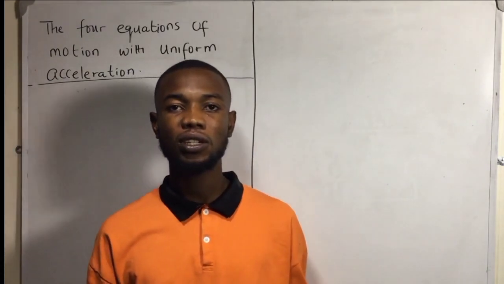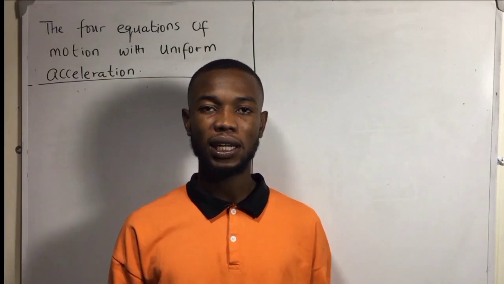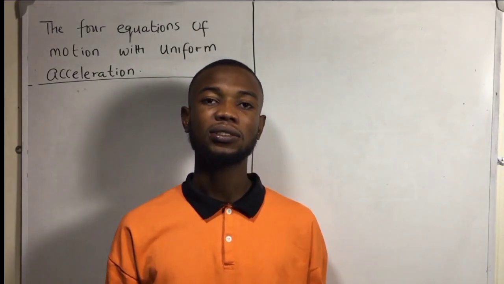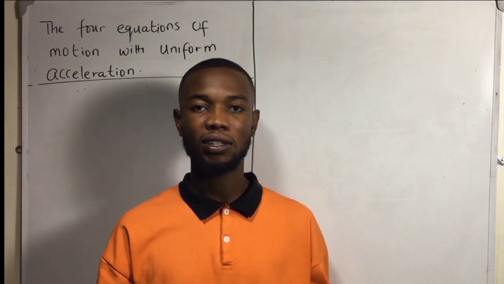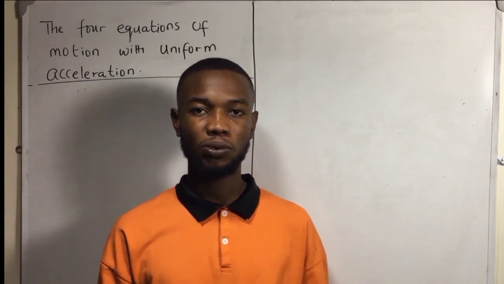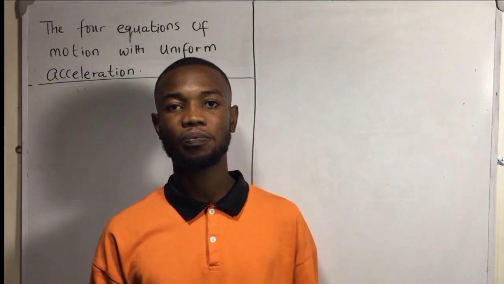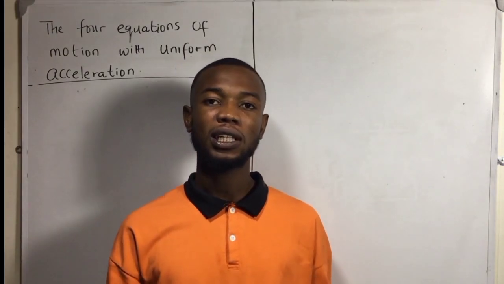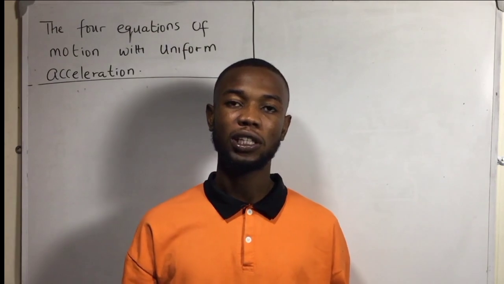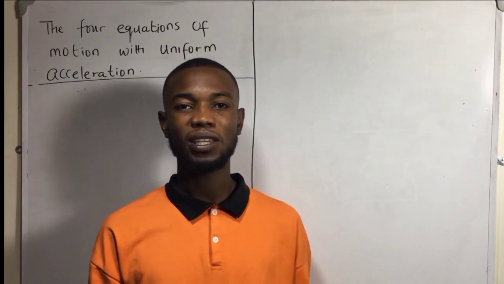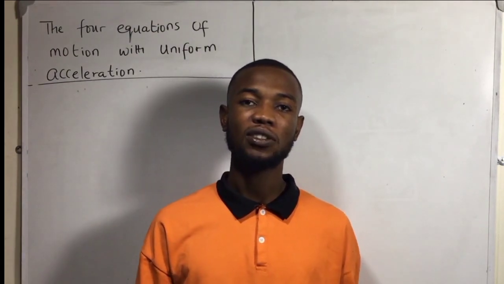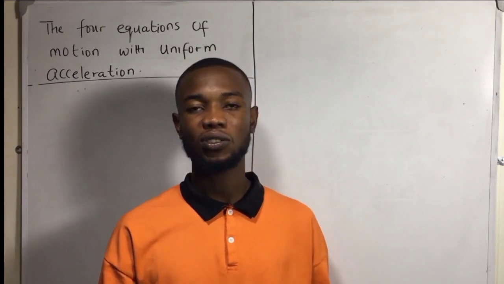Now, when a question is given to you that a body at rest has its initial velocity, by now I hope you understand what velocity is. That's displacement over time. When we are talking about the initial velocity of a body at rest, it is said to be zero. For a body that is not moving, the initial velocity is zero.